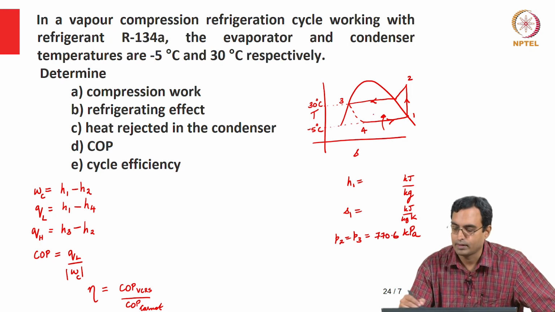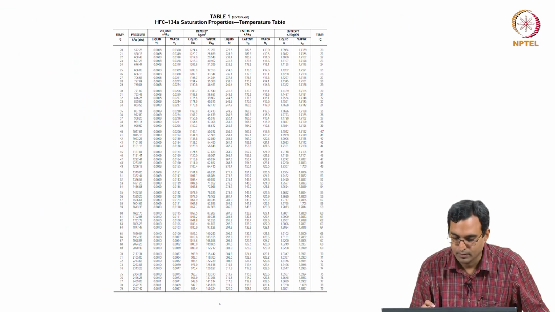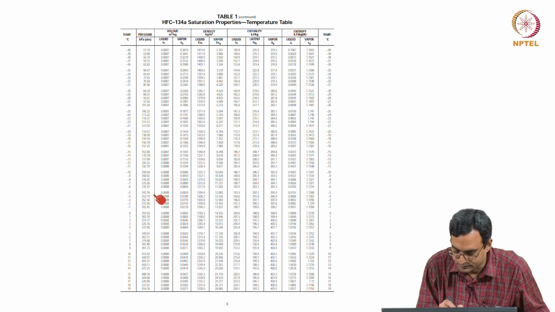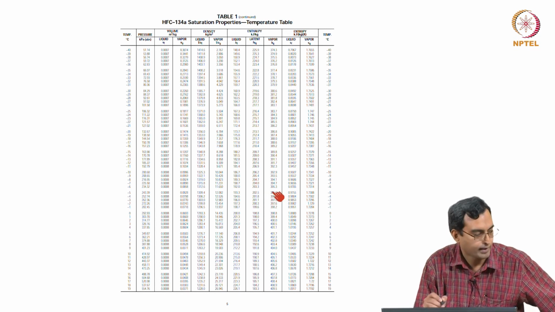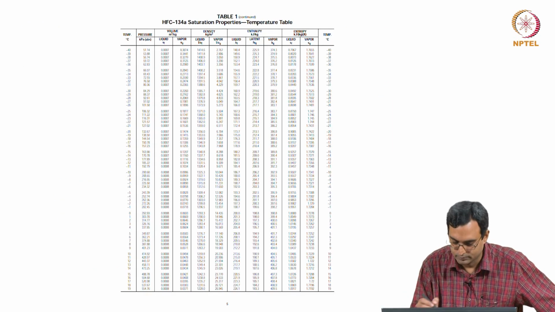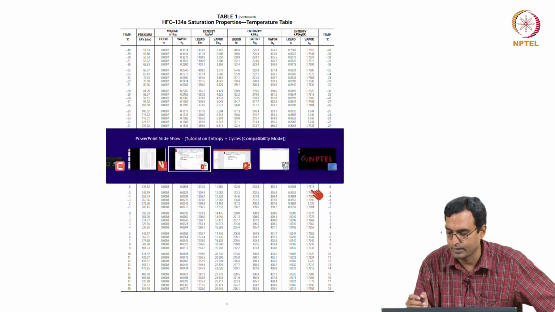So, enthalpy at 1 is at minus 5 degrees centigrade and saturated vapor. So, what I want is saturated vapor at minus 5 degrees centigrade. I want Hg, which is 395.9. I also want entropy of the vapor, which is 1.7308.